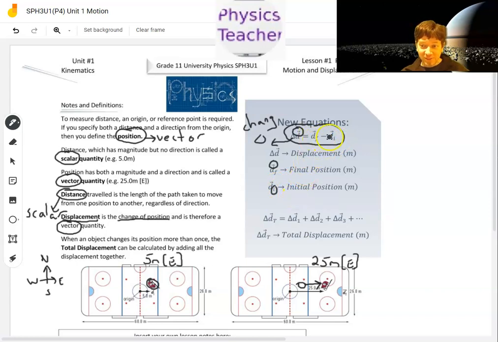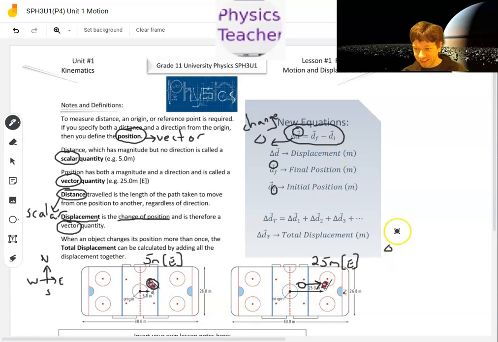So if we have final position minus initial position, anytime you do final minus initial, that represents a change. And a change in position is displacement. So what this equation says is that displacement is our final position minus our initial position. So let's look at this example.